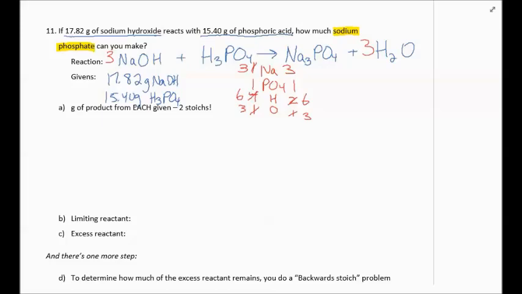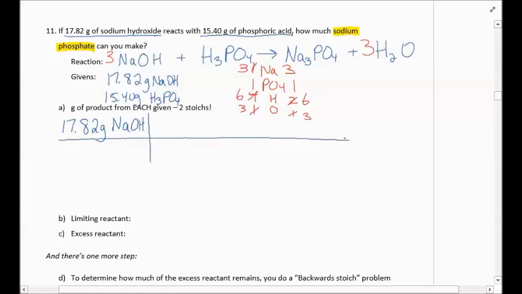So we're going to do our first stoichiometry problem. I'm going to start with 17.82 grams of sodium hydroxide. So first thing I'm going to go to moles. So grams of sodium hydroxide to moles of sodium hydroxide.